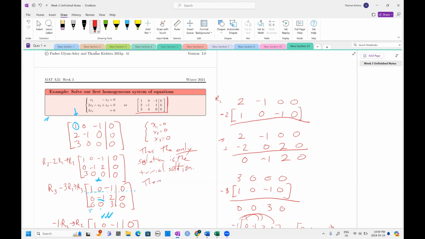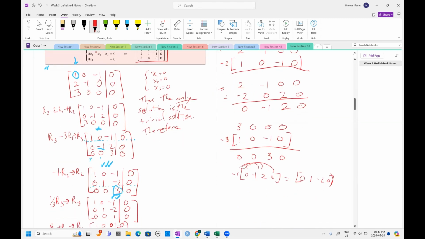Therefore, the only linear combination equaling 0 is the trivial linear combination.